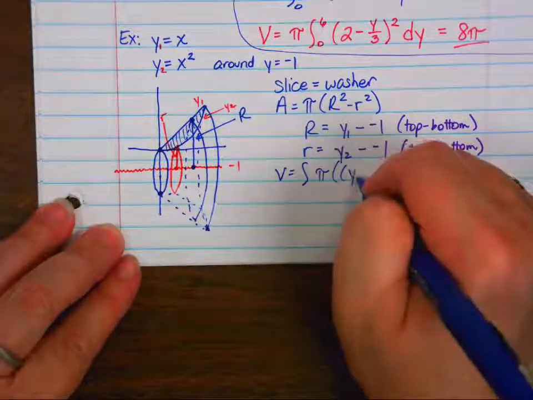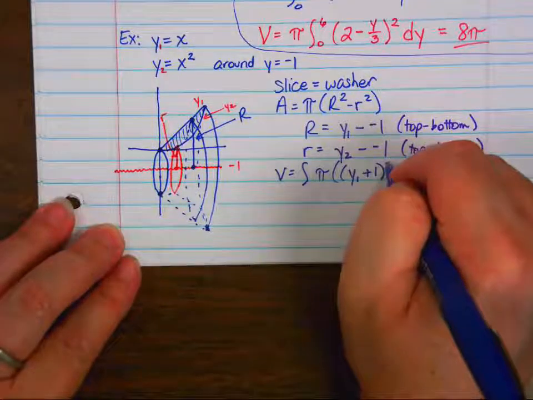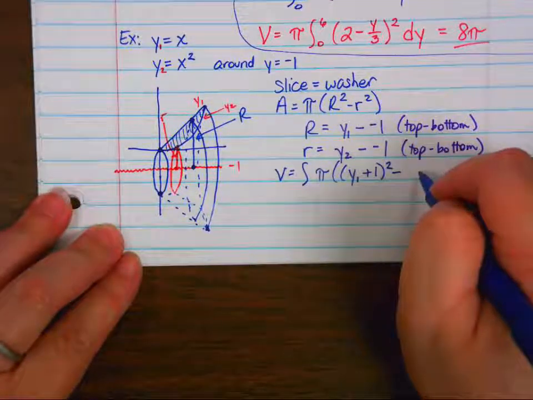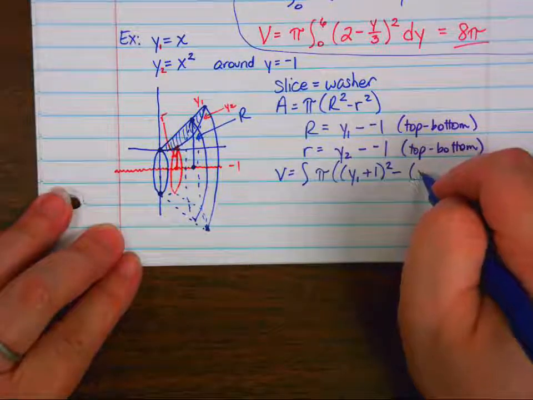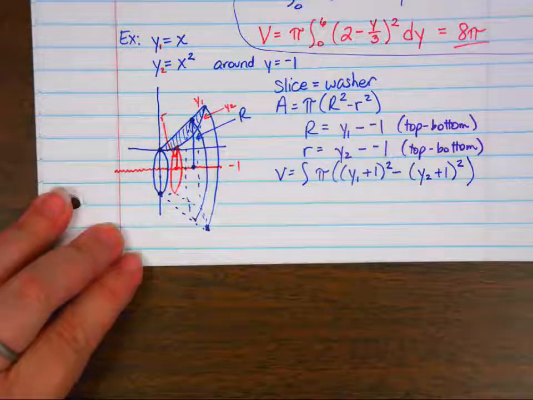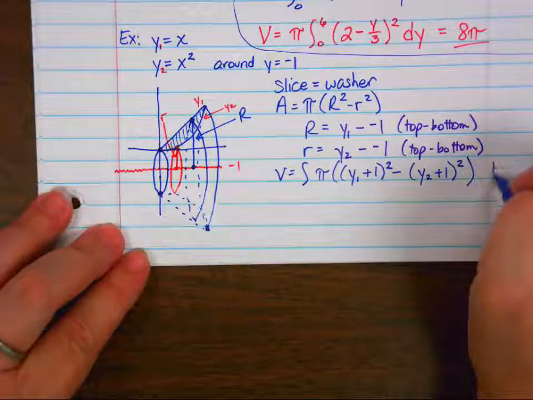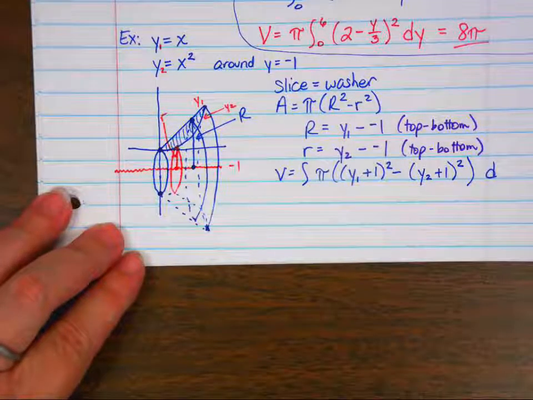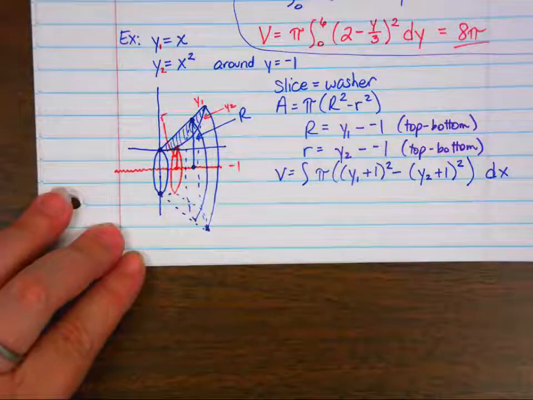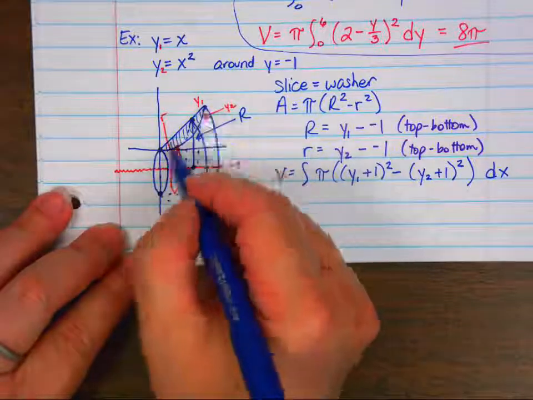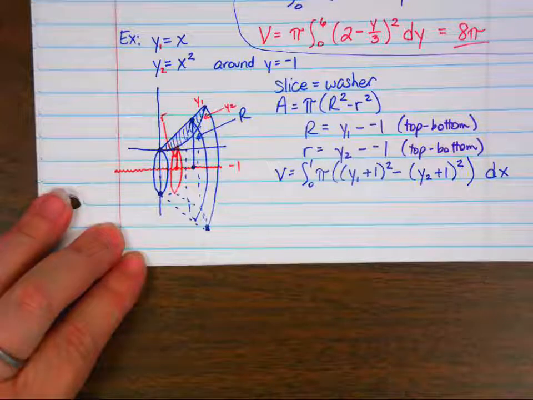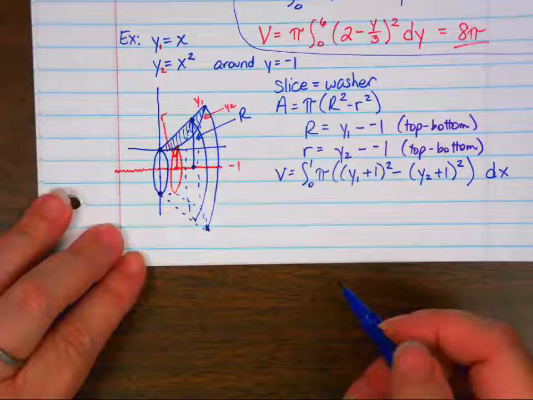So it's going to be Y1 plus 1 squared in the first parentheses minus little r, Y2 plus 1 squared, close it, close the whole thing, dx, because notice both the radiuses go through the x-axis, dx. And we talked about where these cross. They cross at 0 and they cross at 1. Their x-coordinates, 0 and 1.